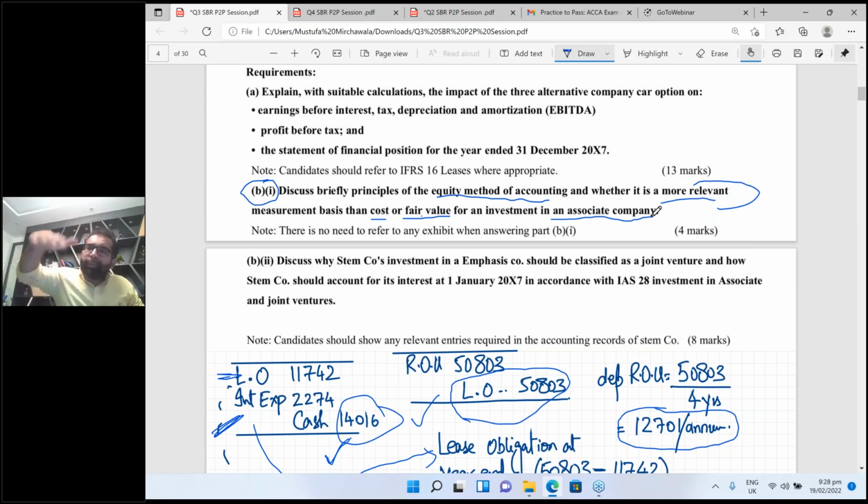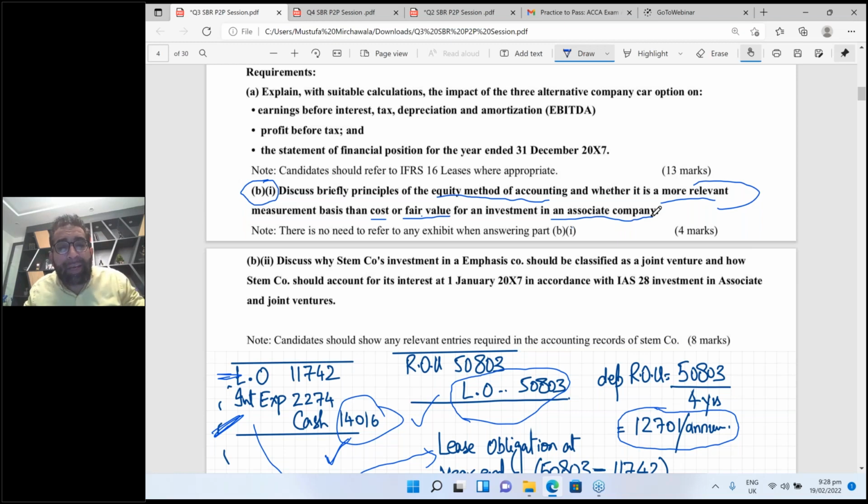So if the profits of the associate are going up or down, it should be reflected in my books. And yes, this reflection is done using equity accounting. So yes, it is better than cost. Now compare it with fair value.